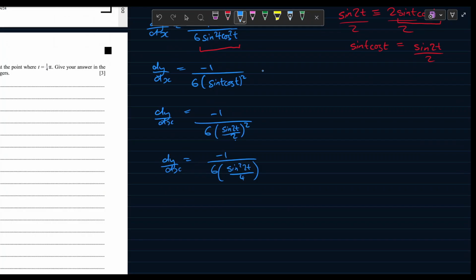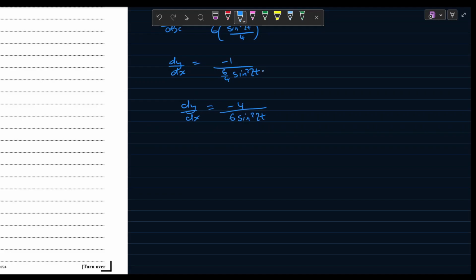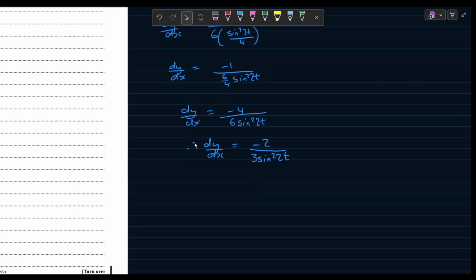And so what we end up with here is dy/dx is equal to negative 1 over 6 over 4 sine squared 2t, which essentially becomes dy/dx is equal to negative 4 over 6 sine squared 2t, which cancels out to, therefore dy/dx is equal to negative 2 over 3 sine squared 2t, which is exactly what they are looking for.